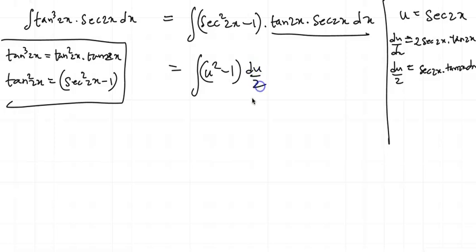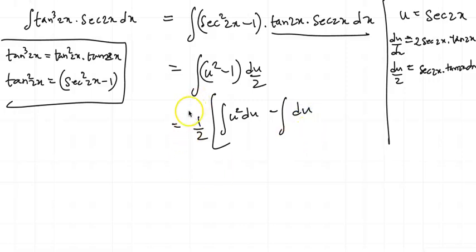du by 2. So 1 by 2 I will take outside, integration of u square du minus integration of du. So this will be half, u square integrates to u cube by 3, then minus du integration is u.